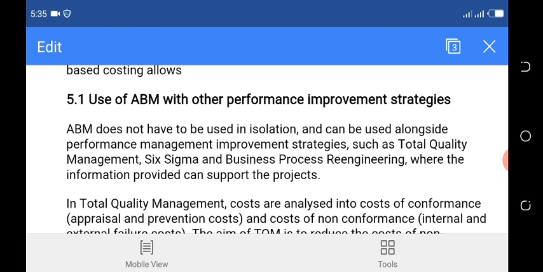So you should understand that ABM is also used alongside total quality management and Six Sigma and business process re-engineering, where the information provided can support a project.